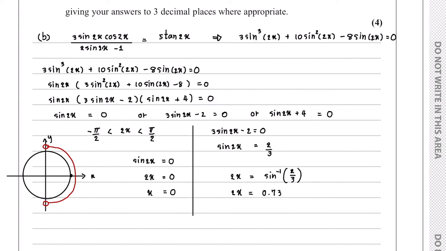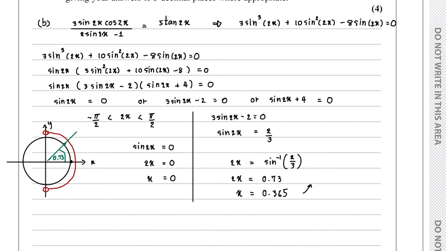If we try to locate 0.73, it is right here, and sine in this case has to be positive, so the answer can stay in the first quadrant. So in this equation, 0.73 is the only answer. Then we can solve for x. x is 0.73 divided by 2, which is 0.365, which is also between negative pi over 4 and pi over 4.